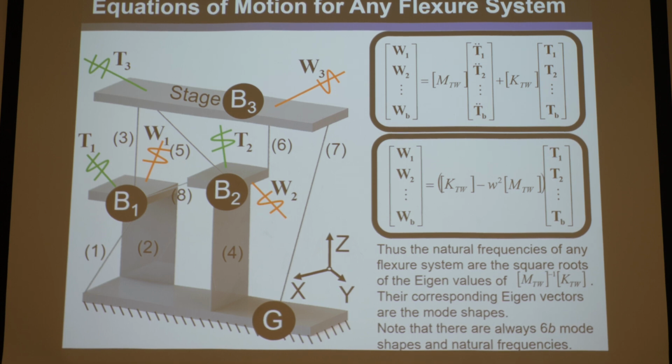Okay. And so with that, you know how to make the mass and stiffness matrix for most systems, with some caveats on the simplification of the stage and the rectangular prism elements.